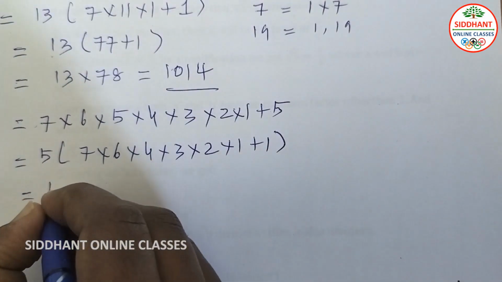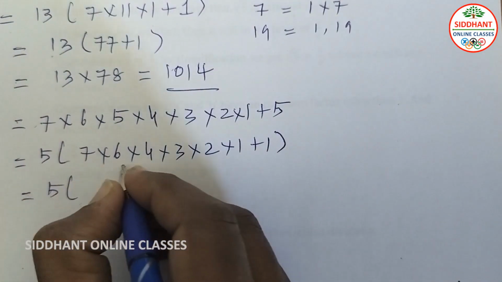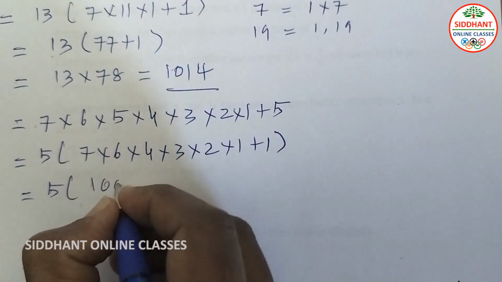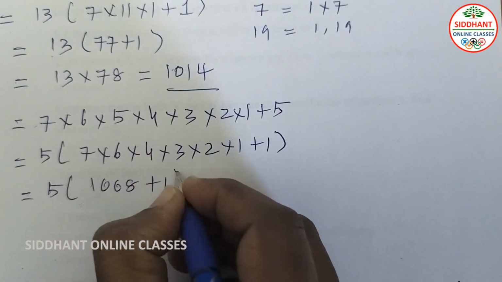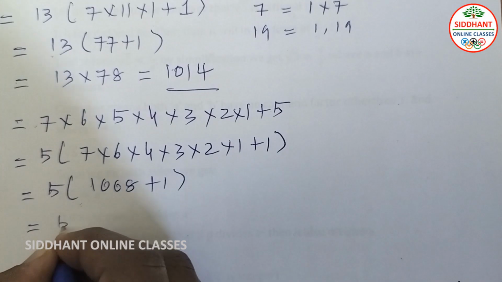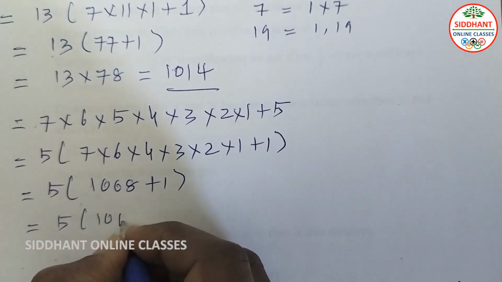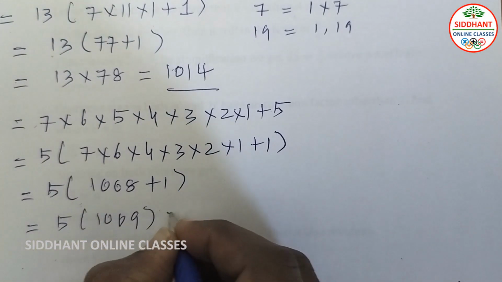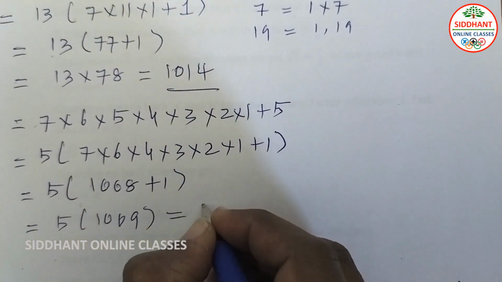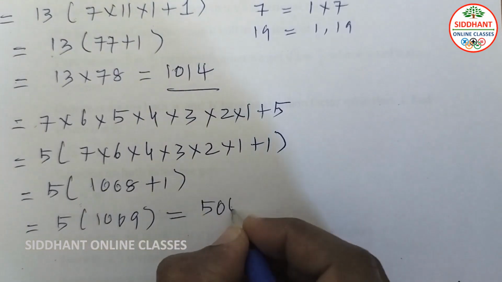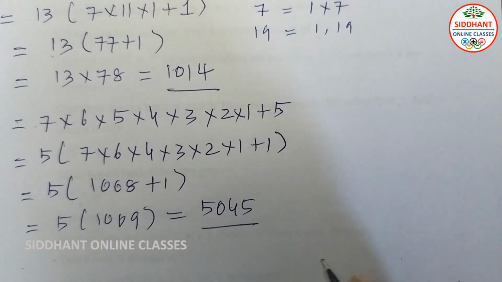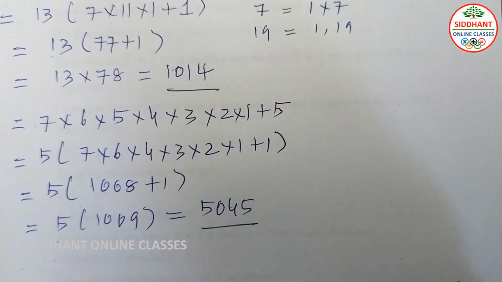So when you multiply all these things, we get 1008 plus 1. So that will be 5 into 1009, and 5 into 1009, we get 5045 here. So these are the two numbers we are going to see.